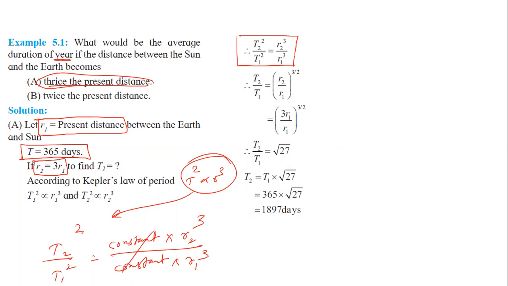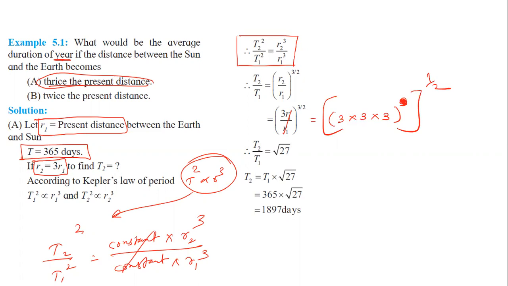Then we substitute R2. R2 is how much? Thrice R1. So R1 gets cancelled. So 3 raised to 3 by 2. You can write it this way also: 3 cube, means 3 multiplied by 3 multiplied by 3, raised to 1 by 2.